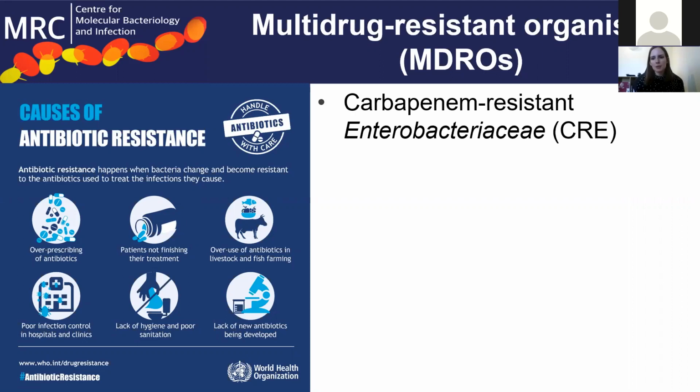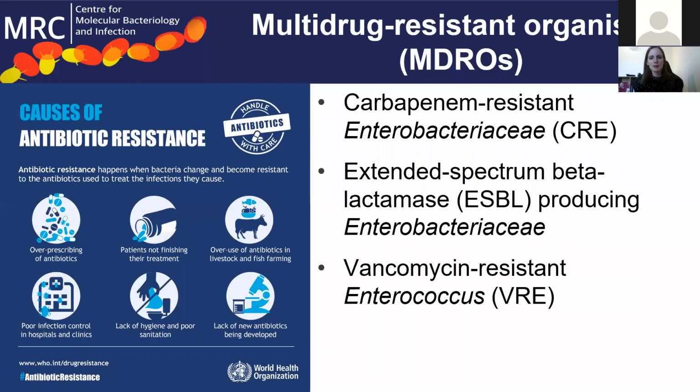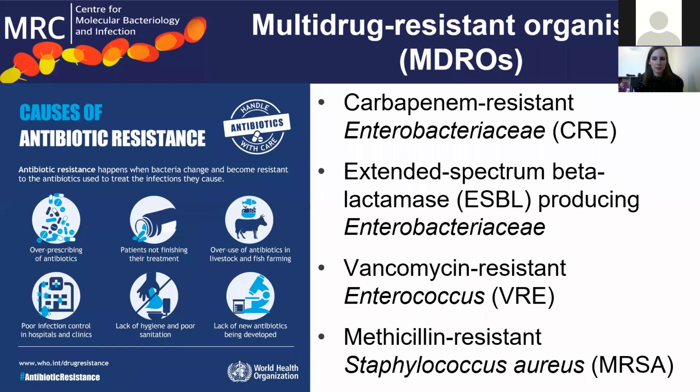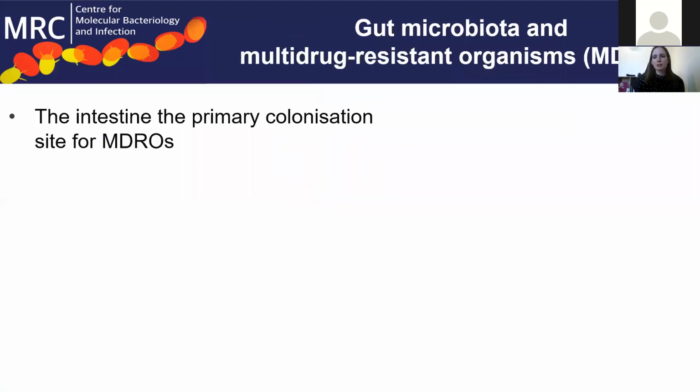So some examples of some antibiotic-resistant bacteria you might have heard of before. There's these carbapenem-resistant Enterobacteriaceae, these extended-spectrum β-lactamase-producing Enterobacteriaceae, vancomycin-resistant Enterococcus, and methicillin-resistant Staphylococcus aureus. Now, how does the gut microbiota fit into all of this? Well, actually, the intestine can be the primary colonization site for certain groups of MDROs.